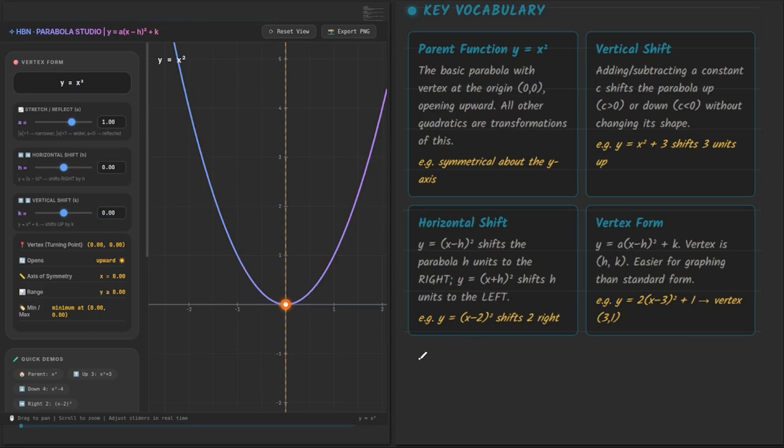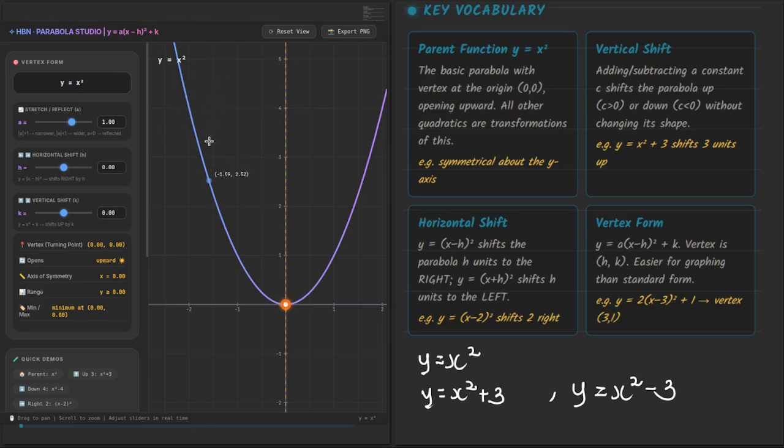So if we decide to add or subtract a constant to this parent function, that is either y equals x squared plus 3, or y equals x squared minus 3. Let's see what is going to happen over here.